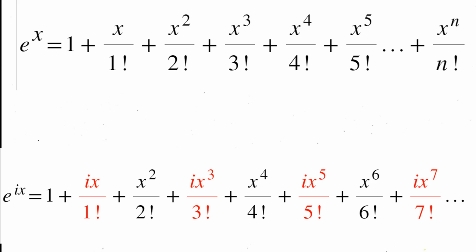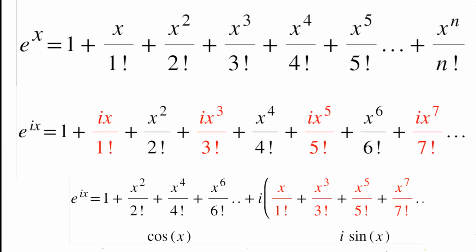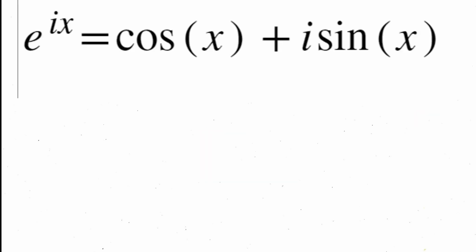The only difference is that e raised to power x is multiplied by a factor i. If we were to write this in terms of cosine and sine, we will take the terms that are real and group them together, and the terms that are imaginary and group them together. So e raised to power ix is equivalent to writing cos x plus i sin x.